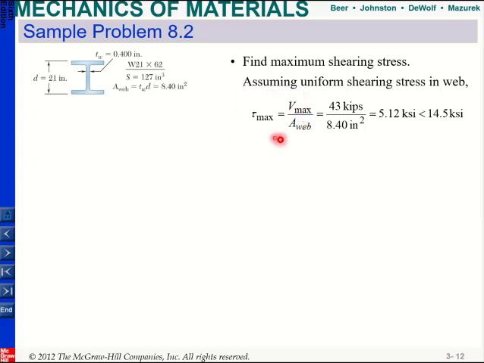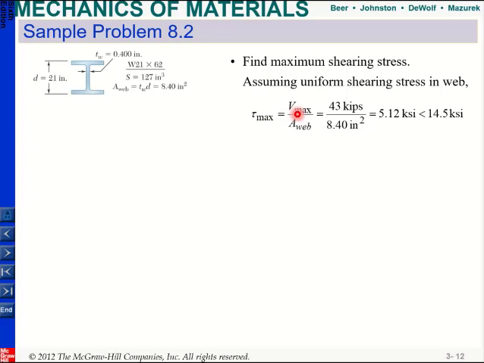Again, this is an approximation and we are assuming a uniform shearing stress. We find that our maximum shearing force is 43 kips, and with the area, the shear stress is about 5 ksi. Our allowable shear stress was 14.5 ksi, and as you can see the difference is large, so I can safely assume that shear stress will not be a problem.